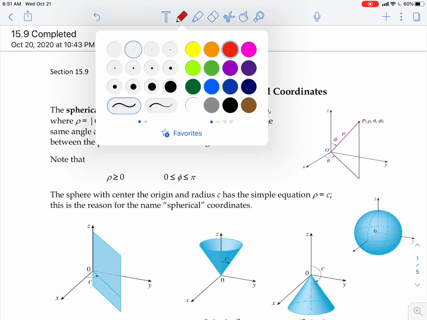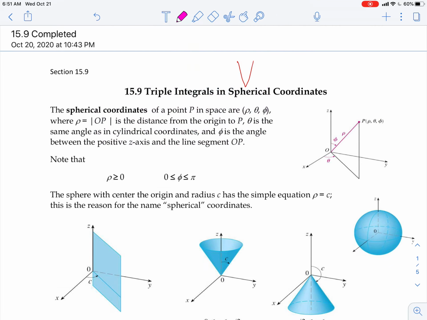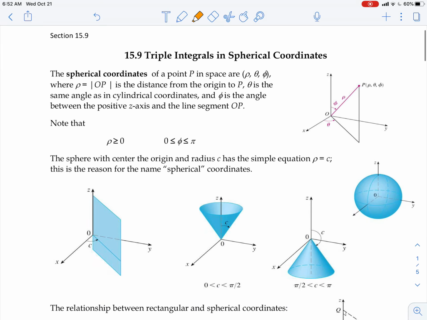A lot of times our regions are going to look like this, where we have a cone and then the outside function gives us a sphere. Our region would be right here, and that's why we call it an ice cream cone. This is when we're going to use spherical coordinates, when we have cones or spheres making up our region.